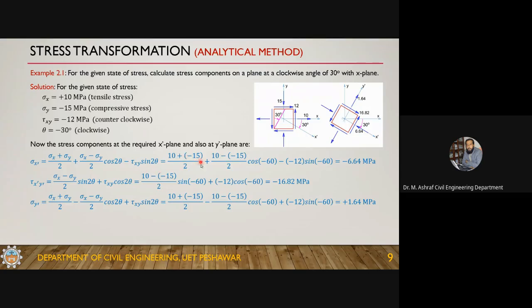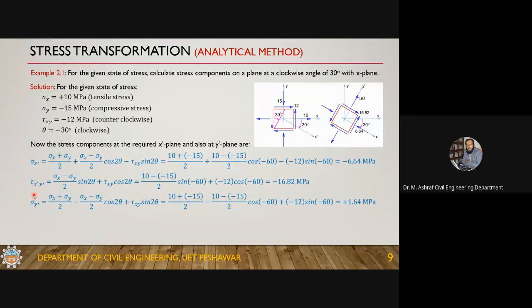So 10 plus minus 15 by 2, plus 10 minus minus 15 by 2 cos of 2 theta. Theta is minus 30, so 2 theta is minus 60, and tau xy is minus 12 times sine of minus 60. Simplifying, you get minus 6.64. So on this plane, the normal stress is a compressive stress equal to minus 6.64 MPa.